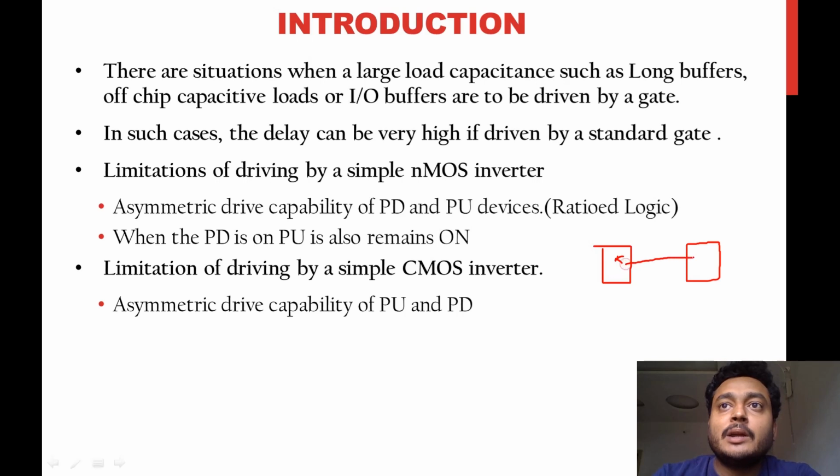And from chip 1 to chip 2, when you have to drive the output of one chip, you have to drive the input of some other chip. So that actually constitutes a large load. Large capacitance will be there, that we call off-chip capacitance. Off-chip capacitance will be very much higher when compared to on-chip capacitance.